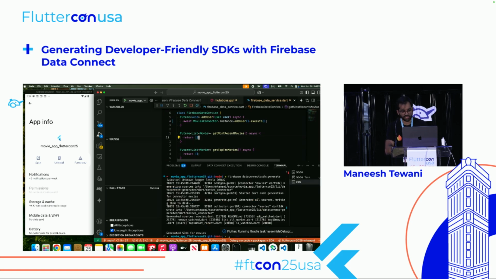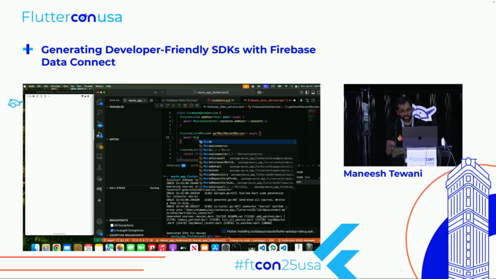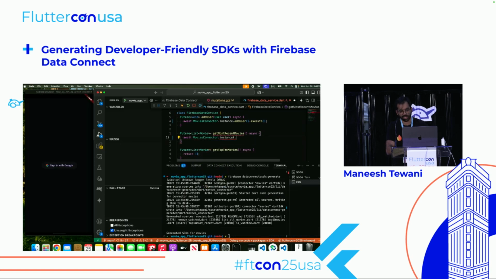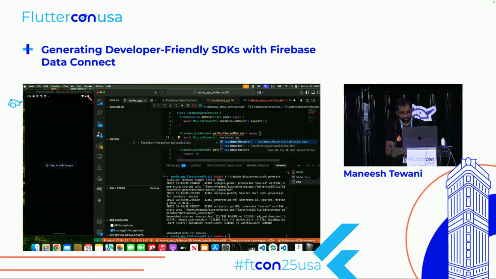All right, while that's going on, let's go ahead and add all of the other fields. So we want to add movies connector dot instance dot get top 10 most recent. And then we want to execute that. And then we'll return this.